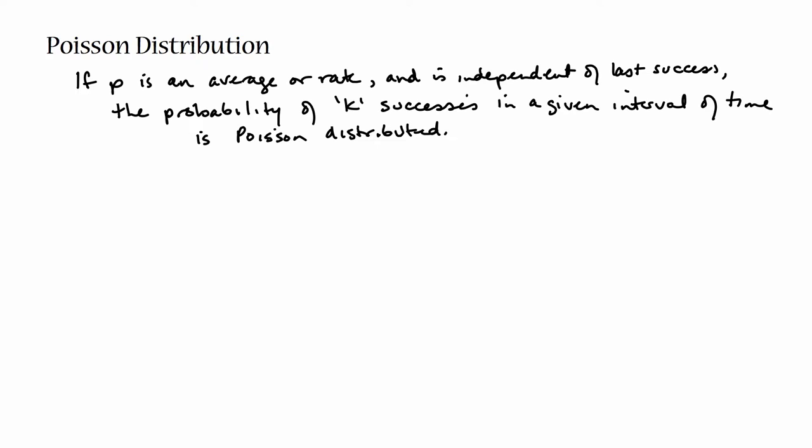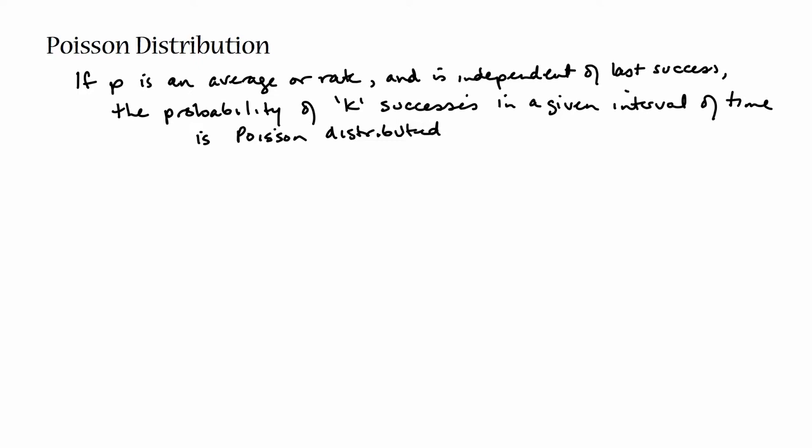So the biggest difference between this and the binomial distribution is that in the binomial we said you've done n trials and you want to know the probability of there being k successes. In the Poisson distribution, you're assuming effectively an infinite number of trials, and you want to know the probability of getting k successes over some interval of time.